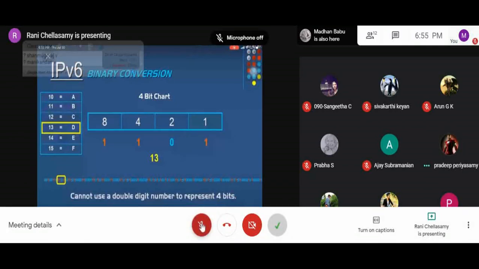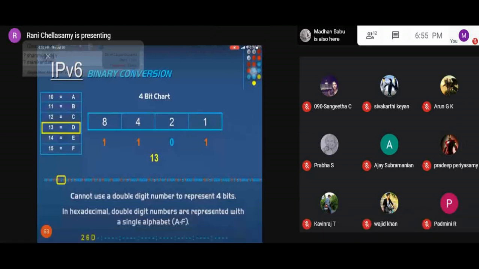As 13 cannot be written as a double digit in the 4-bit representation, you have to go with 10 represented as A, and 11 represented as B. Likewise, up to 15, you have to use alphabetical values.